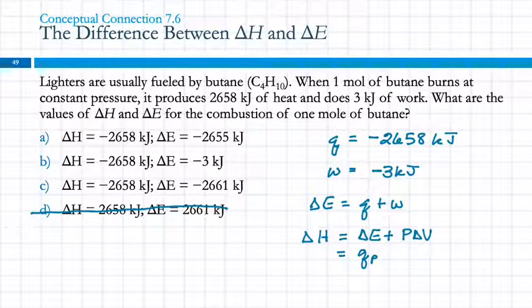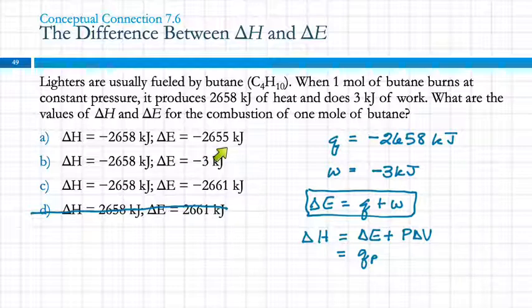So then delta E. Delta E is a little easier to deal with than this messy stuff. Here, we're looking at Q and W added together. The first choice for delta E is 2655. Well, what do I get if I take minus 2658 and minus 3? I get minus 2661, right?